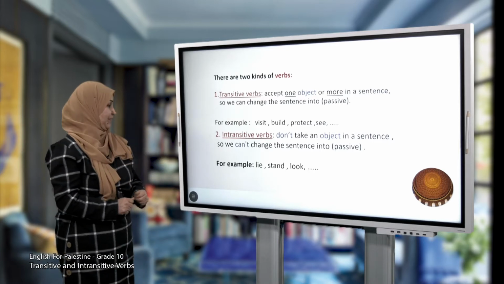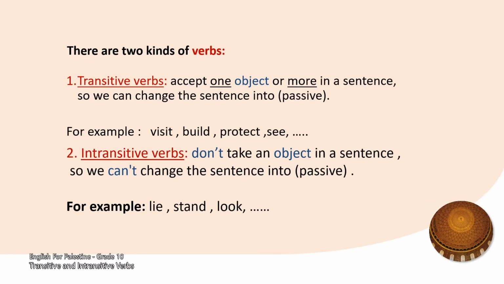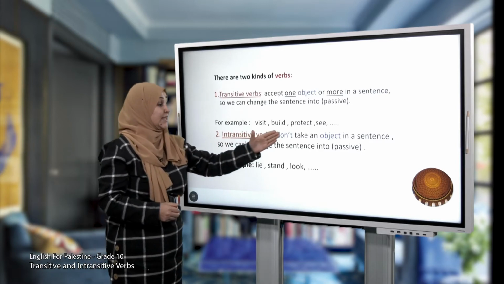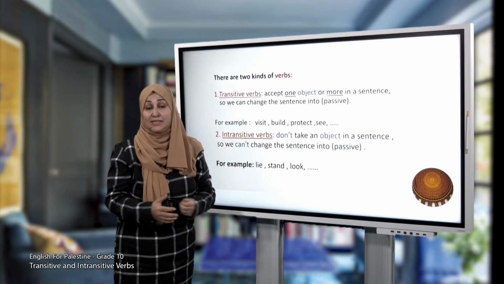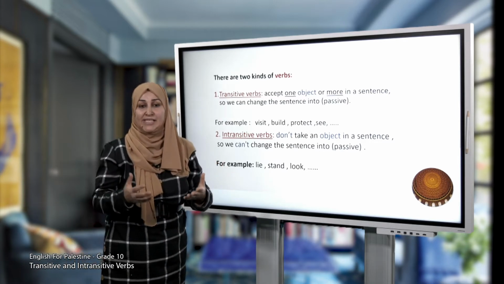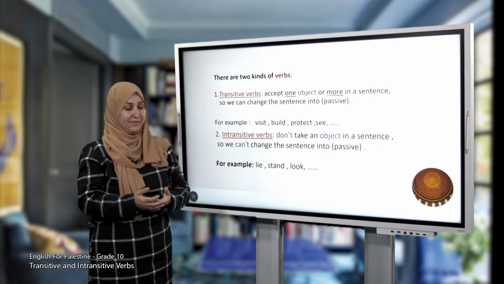Okay, thank you. Number two, intransitive verbs. What do we mean by intransitive verbs? Intransitive verbs are verbs that do not take an object in a sentence. So in this case, we cannot change these sentences into passive.